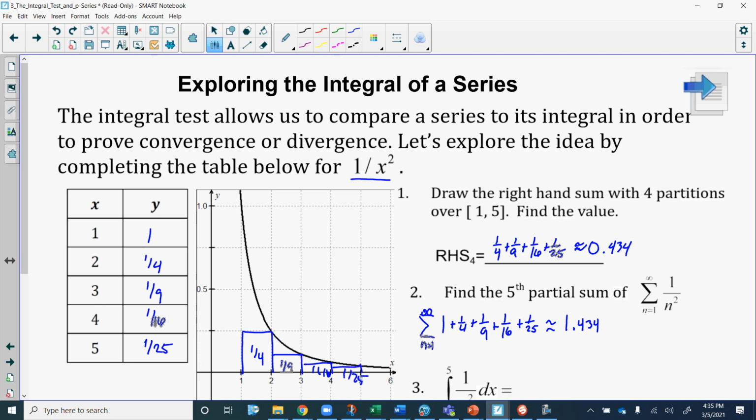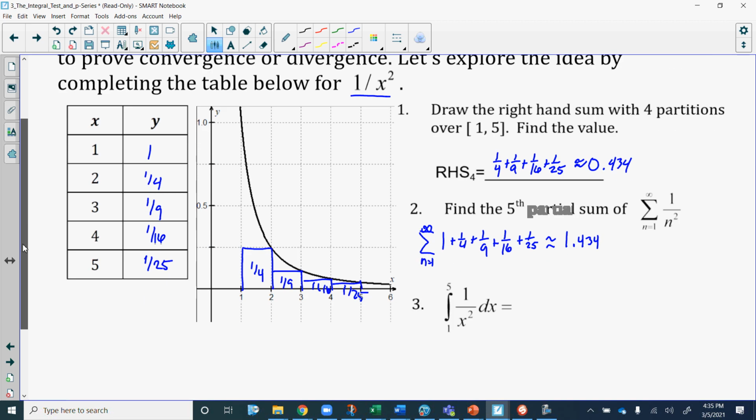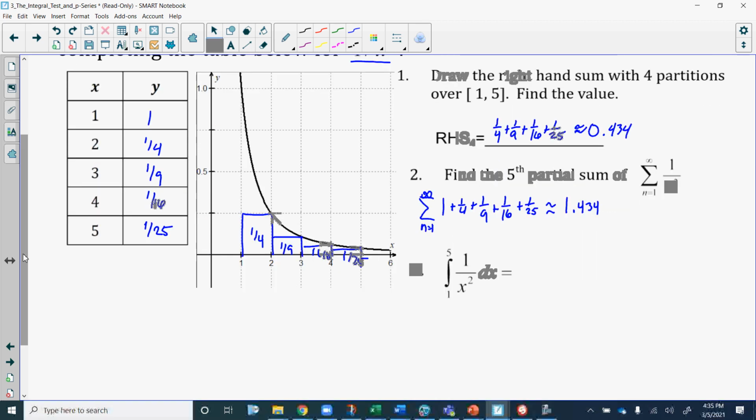sum. Now it shouldn't take any real effort here to justify that the Riemann sums we've been doing were introduced as a general idea of how we can approximate the area under a curve, but they were either an overestimate or an underestimate depending on, one, the type of rectangle that you used, right hand or left hand, and whether the function was concave up or concave down.